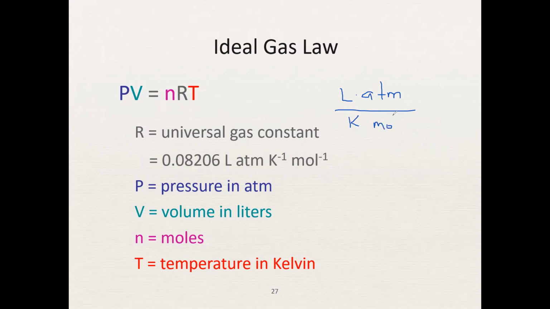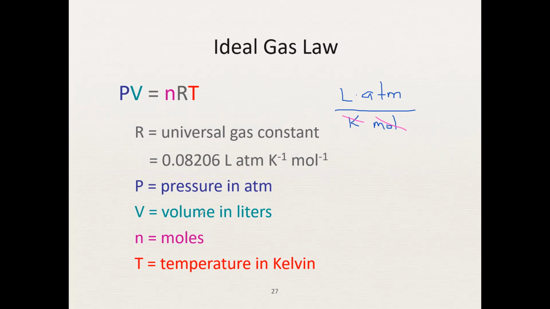So we've got liter atmosphere over mole Kelvin, because when we plug in R, n is mole, so that will cancel the mole on the bottom of our unit here. Temperature is in Kelvin, cancel that as well. And now we're just left with liter atmosphere on the right-hand side. And again, that's going to be what we have on the left for pressure and volume here.